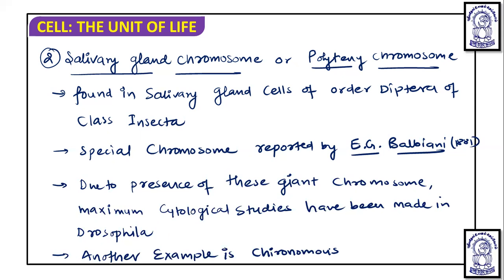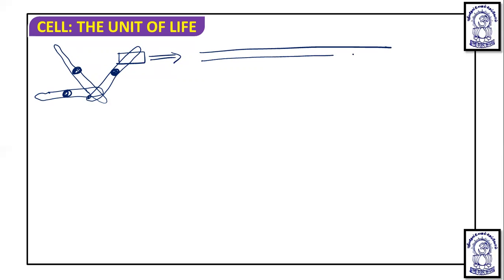So, if we talk about the salivary gland chromosome, then this giant chromosome, if present, is found to be attached with each other like this. And if we draw this segment, it will look like this. It has a long DNA like this.